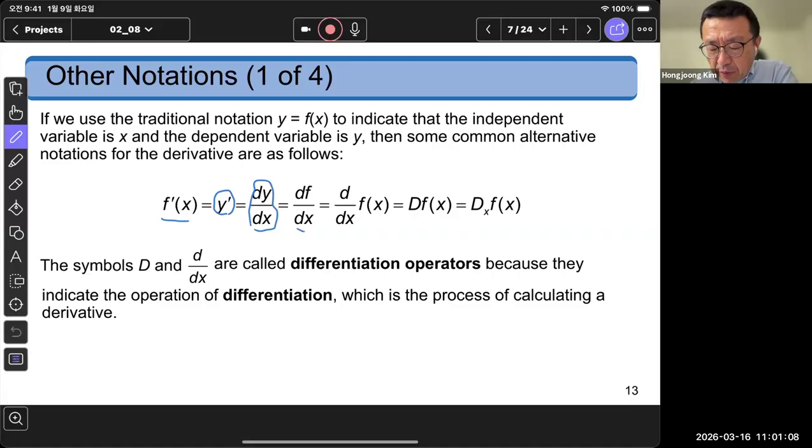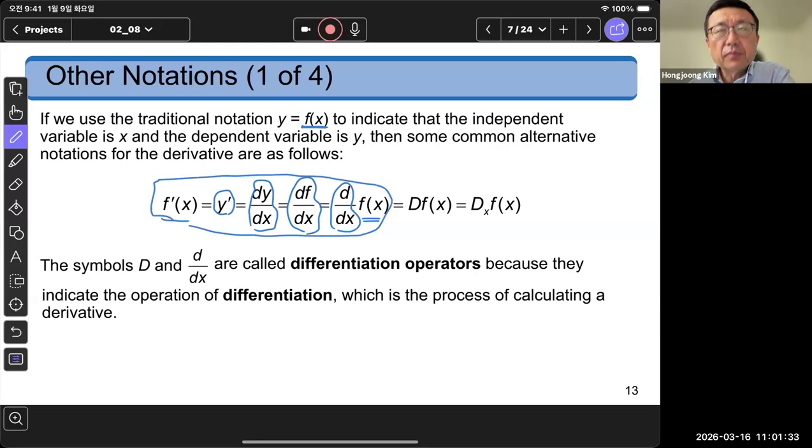Sometimes df dx may be used. So here f is the name of the function. Okay, and if y denotes this f of x, then dy dx or df dx, or sometimes d dx times f of x may be used. So those are very common notations.